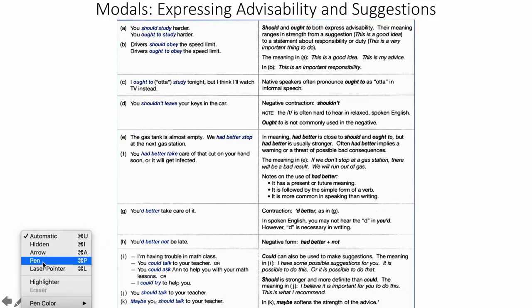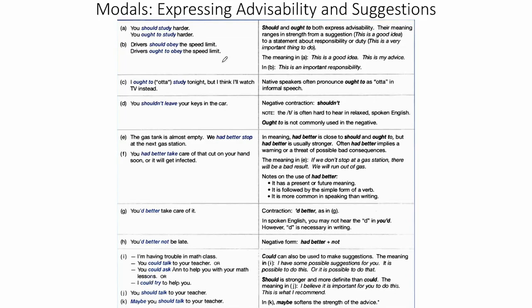So to start with, here we have the modals that we normally can use for expressing advisability. As you know, we have the modal should and the modal ought to. You should study harder, you ought to study harder.